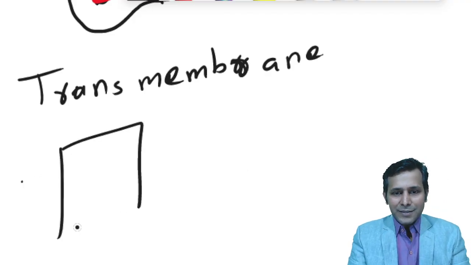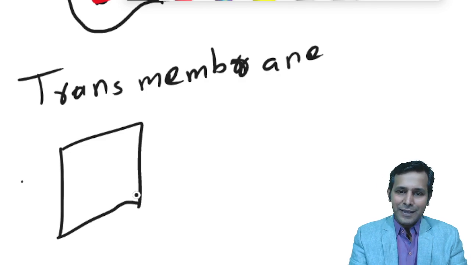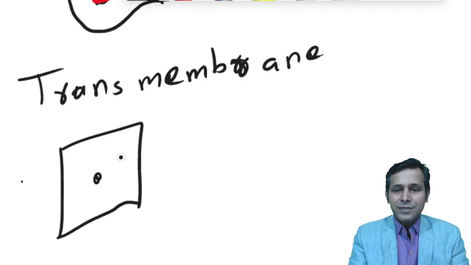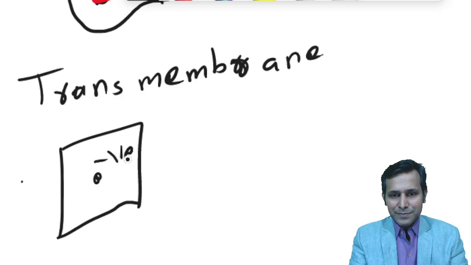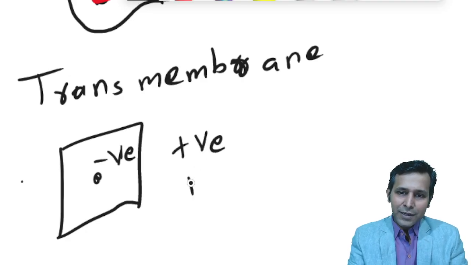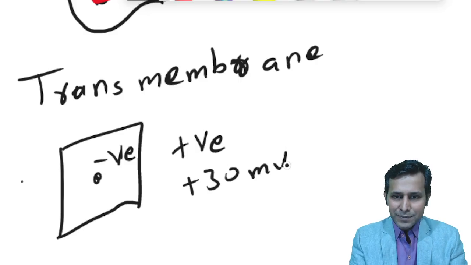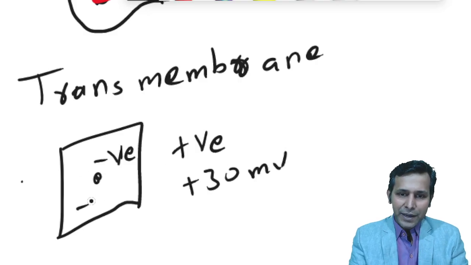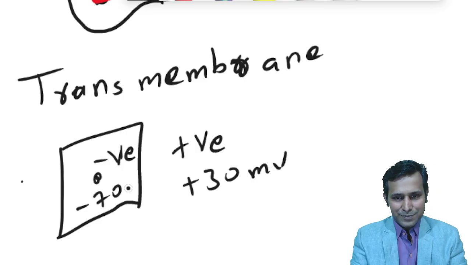Say, for example, a neuronal cell or any cell has some negative voltage inside it and a positive voltage outside. Say, outside we have plus 30 millivolts and inside we have minus 70 millivolts.